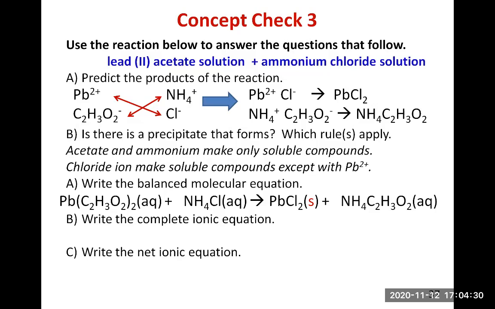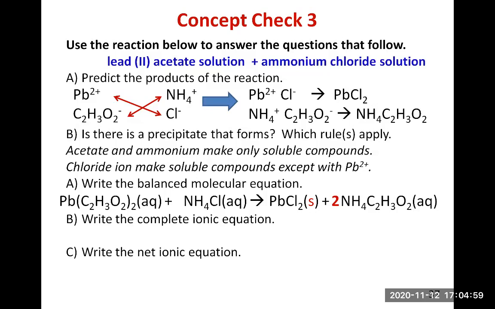So let's write the complete ionic equation now. Oh, sorry, we need to balance the molecular equation first. Here we have 2 acetate in the reactant Pb acetate, so we need 2 acetate on the right side. For this, we need to put a coefficient of 2 in front of ammonium acetate. That makes 2 acetates and balances the acetate.